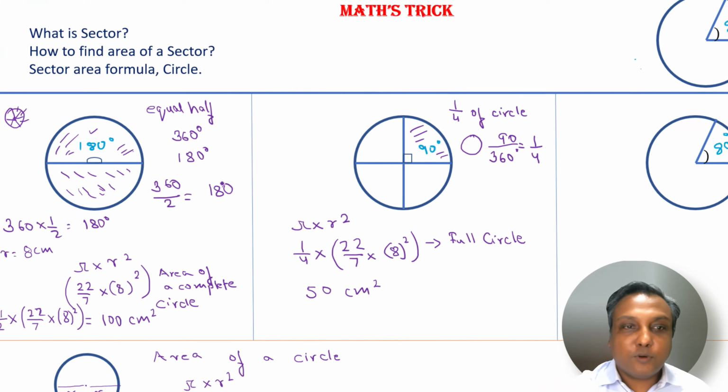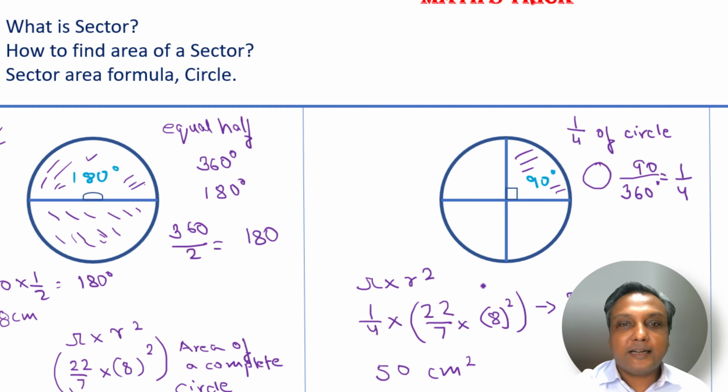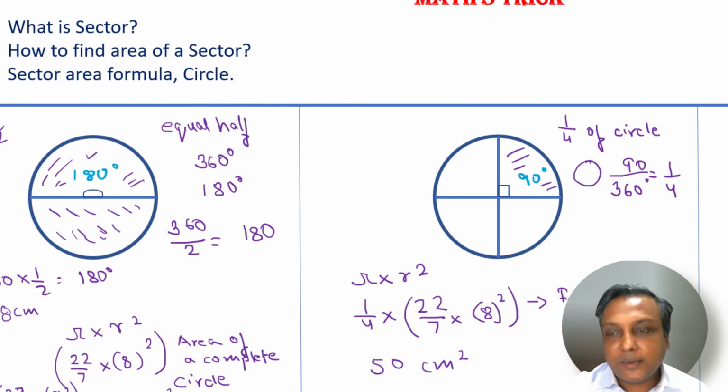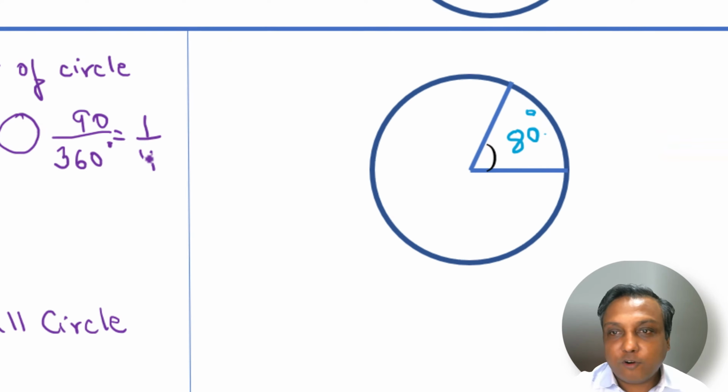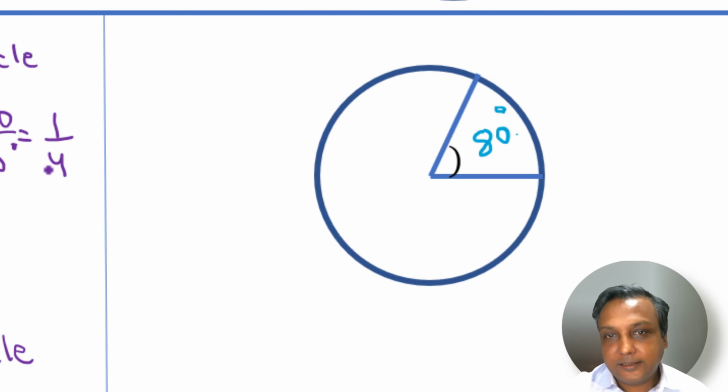So in both cases there was a similarity: we were able to understand how much of the circle's area this sector is. But in this case we have not been given that clearly. We have only been given that this is 80 degrees. We can't establish a direct ratio.